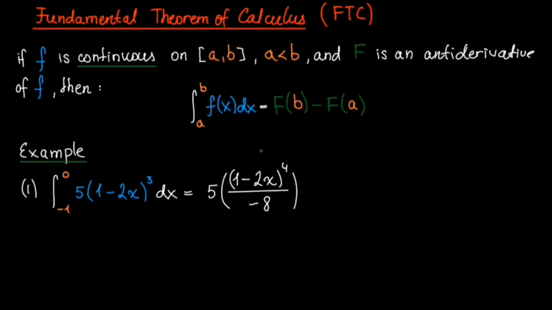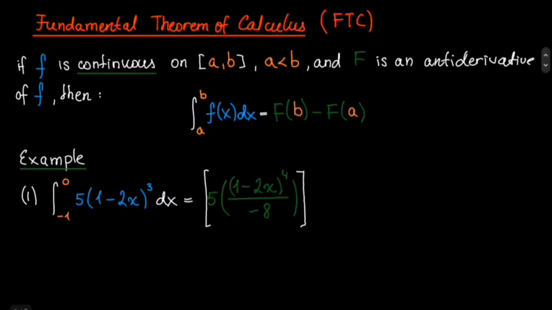Now, the good thing about definite integrals is that after computing your antiderivative function, you do not need to write the plus c. It is unnecessary. Instead of the plus c, you're going to write square brackets surrounding everything that you got. And then, on the right-hand side of the brackets, you're going to put your lower bound and upper bound.